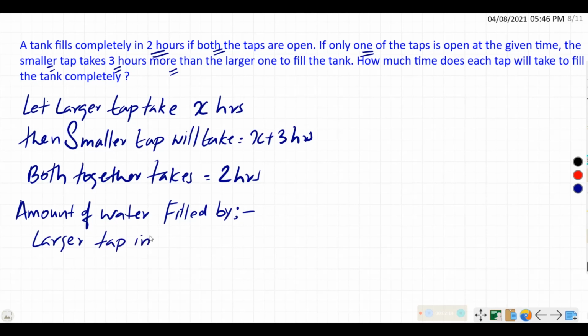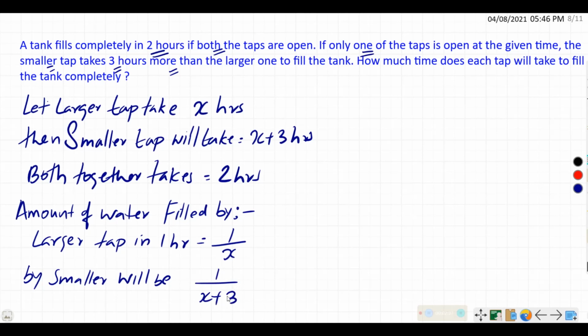So let me write that also. The larger tap in 1 hour will fill 1 upon X part of the tank. And the same if you apply in the case of the smaller tap, in 1 hour it will fill up 1 upon X plus 3 part.